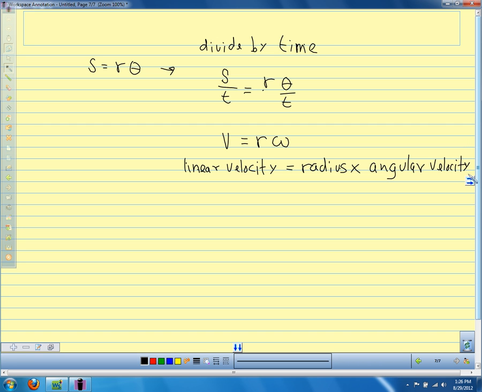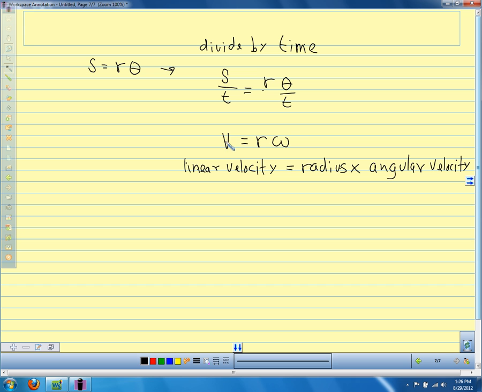Omega is our symbol for angular velocity, radians per second.